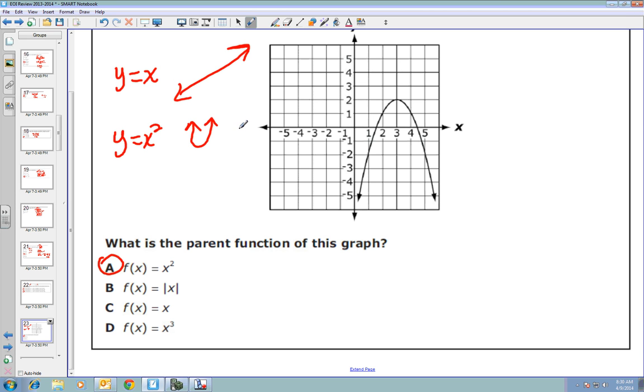It could be opening up or opening down. Y equals absolute value of x is always a V. And for it to be x to the third, it's kind of this squiggly line. Now, if you want for sure, I would graph each one of these and see which one gives me the shape of a parabola. But those are all of your parent graphs.